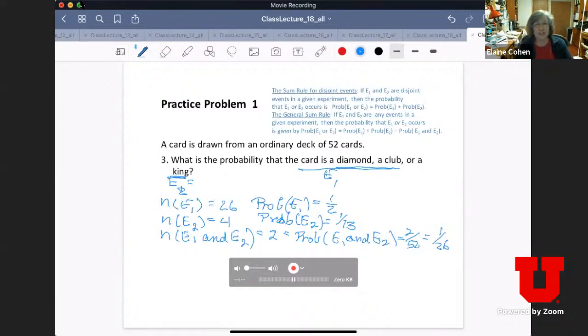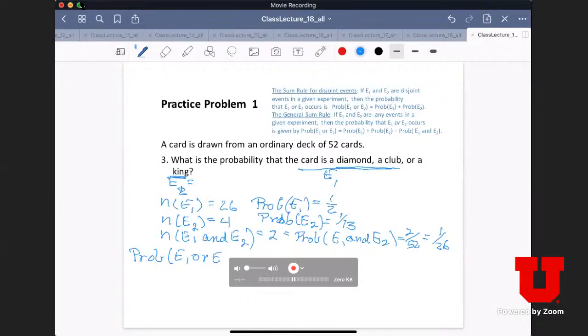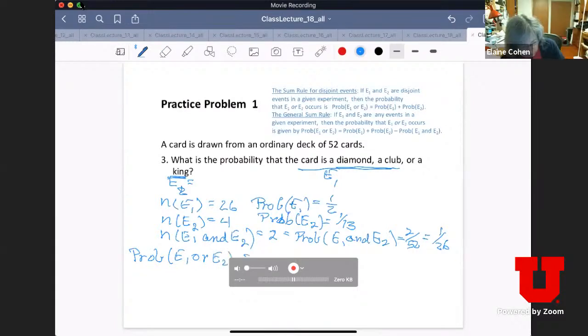Okay, so the general sum rule says the probability of E1 or E2 is equal to the probability of E1 plus the probability of E2 minus the probability of E1 and E2.